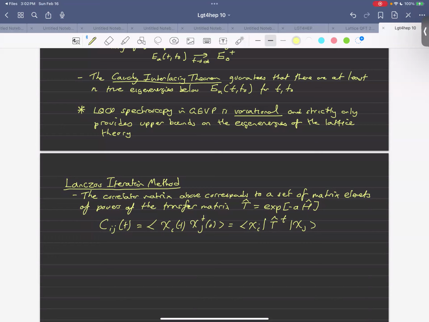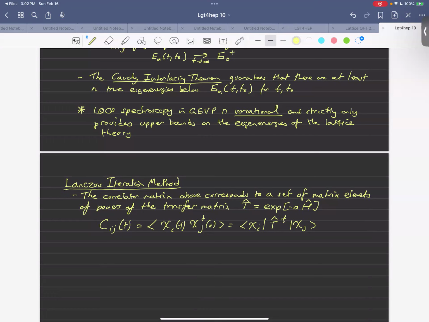It's really useful to think about the linear algebra problem that this entails. T, the transfer matrix, is an infinite dimensional operator, but we can think about finite dimensional approximations to it. The real question is, given these evaluations of matrix elements between certain vectors of repeated powers of this operator T, what can we learn?